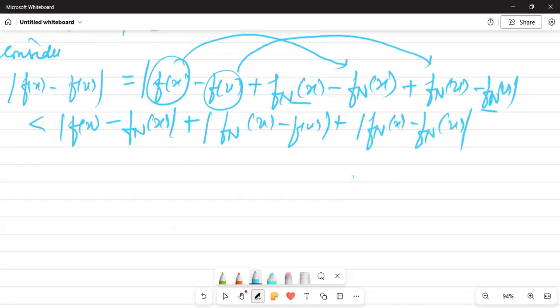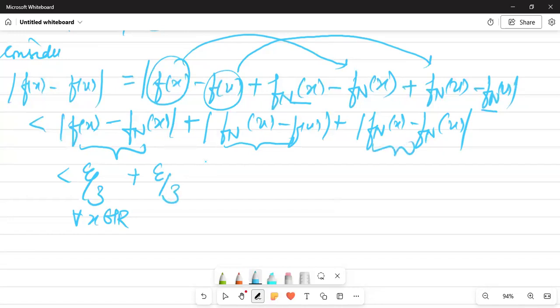Now, using uniform convergence, we were getting this less than epsilon by 3 for all x in R. We were getting this using uniform convergence, and since the convergence doesn't depend on the points, this is true for u also.